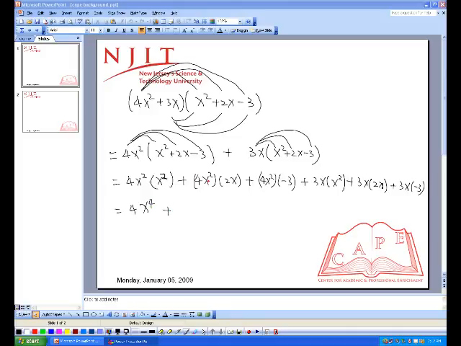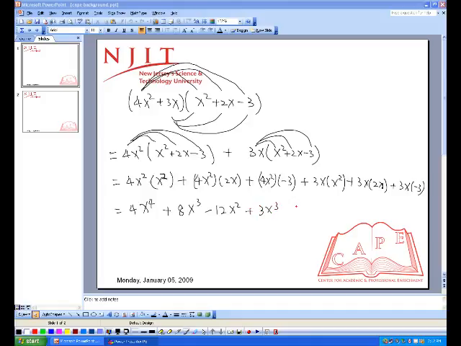Plus, now 4 times 2 is 8, x to the third power. And here, 4 times negative 3 gives you negative 12. So you get negative 12x squared. Okay? Plus 3x cubed.